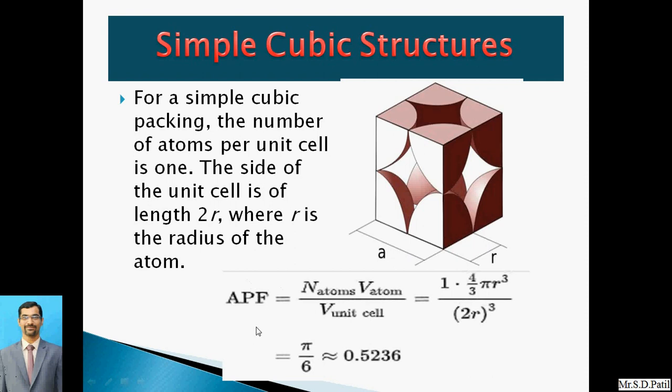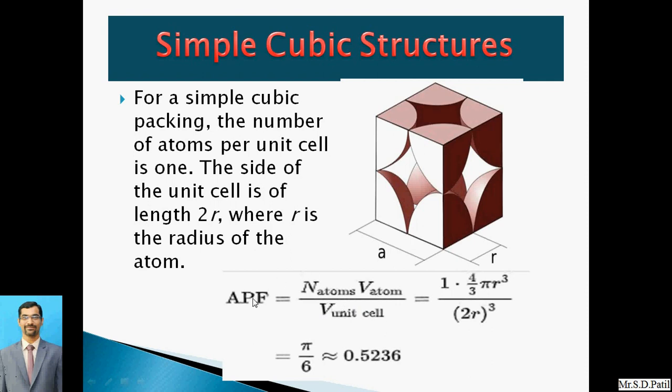This is the formula to calculate the APF, atomic packing factor. It is n atoms, that is the number of atoms per unit cell, times V atom, the volume of that atom, divided by V unit cell, that is nothing but the volume of the unit cell.